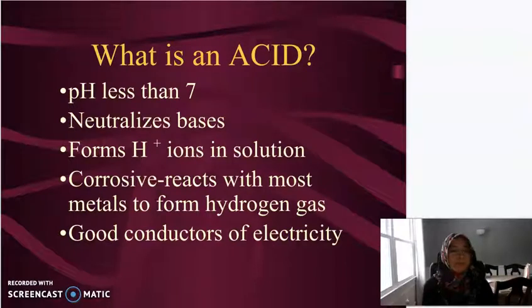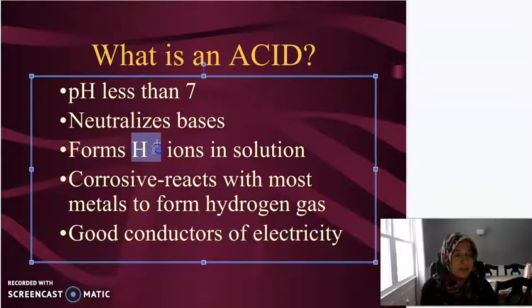Now, what is an acid? We say if the pH is less than 7, it is acidic. We will talk about pH in another video. If it neutralizes a base, it is an acid. Or when it forms hydrogen positive ions in solution, it is acidic.